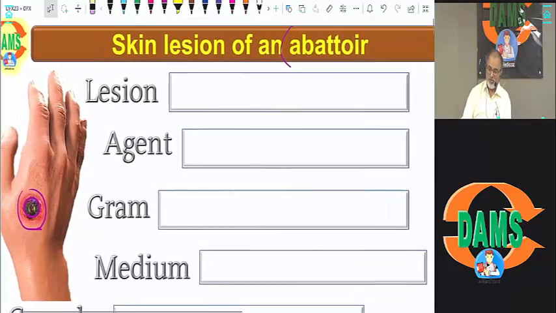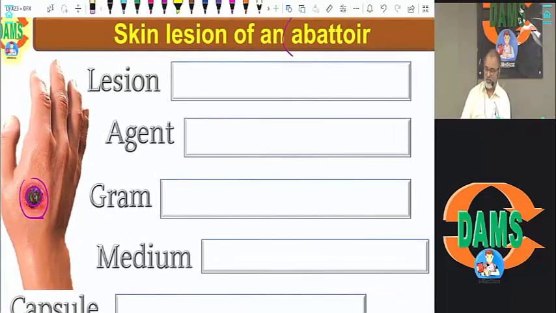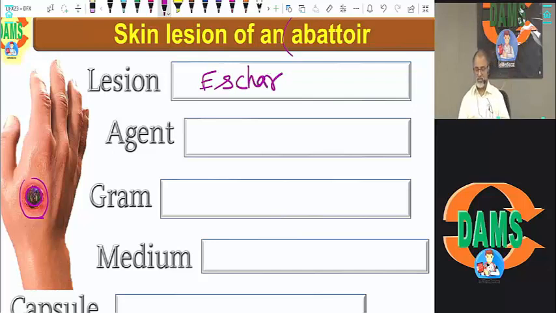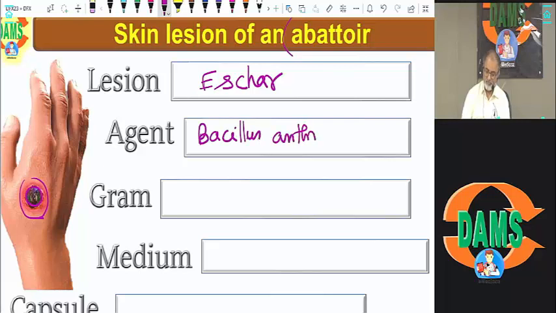This is called, very good, people rightly mentioned eschar. Okay. What agent? Yes, Bacillus anthracis. Very good, my dears.